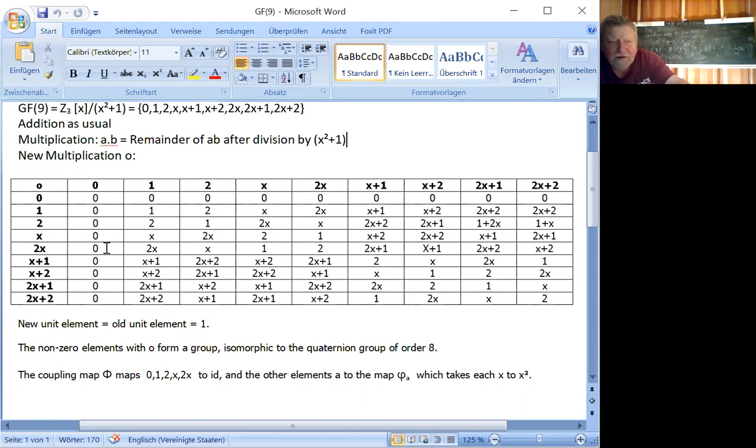It maps these elements, which I mentioned first, grouped first here, 0, 1, 2, x and 2x, into the identity, and the other elements are mapped to the map phi, which takes every element to its third power.